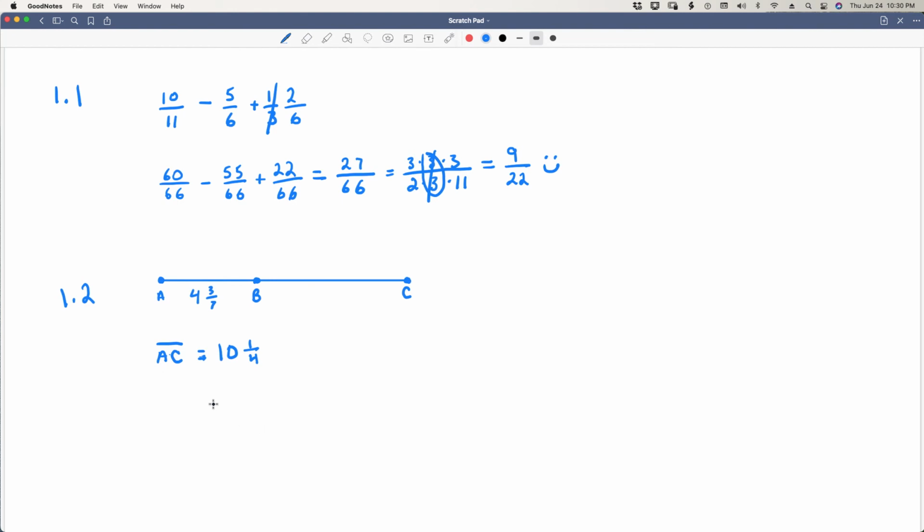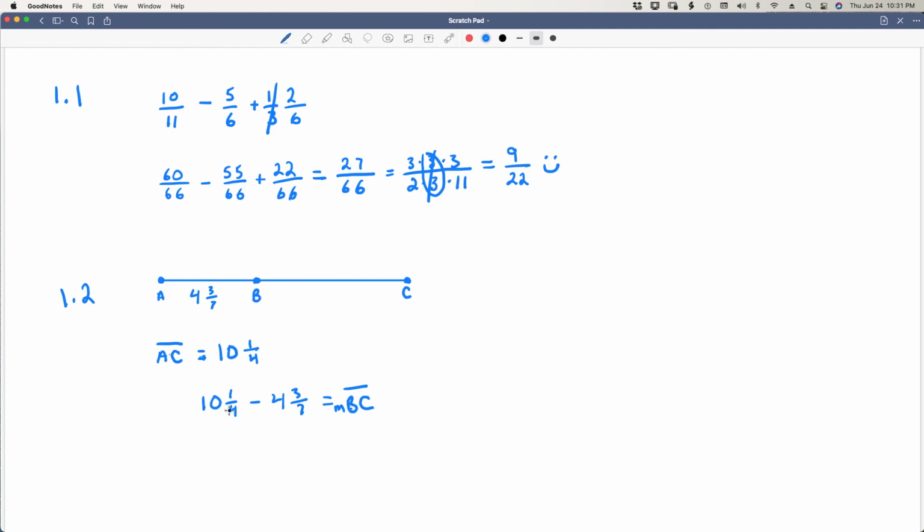So all we have to do is say 10 1/4 minus 4 3/7 is going to equal segment BC. Okay? And technically that would be the measure, and that little m represents the measure when we put it in front of a geometric identifier, I guess is the right word to say.